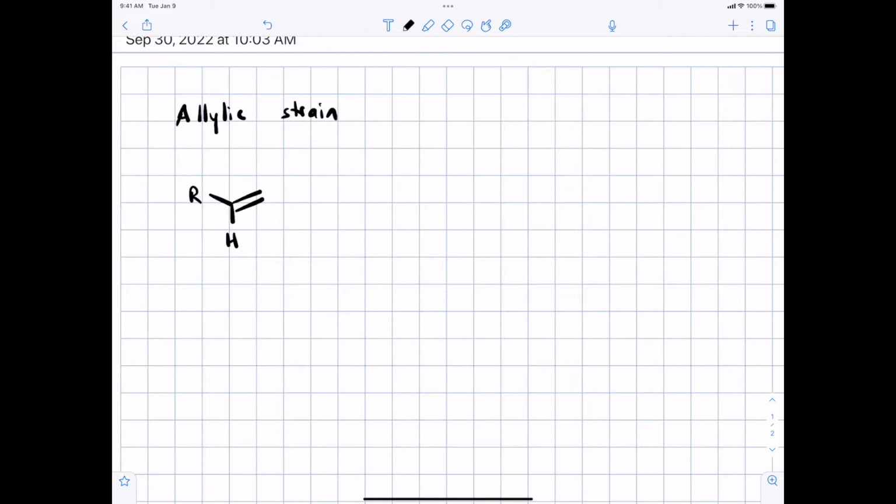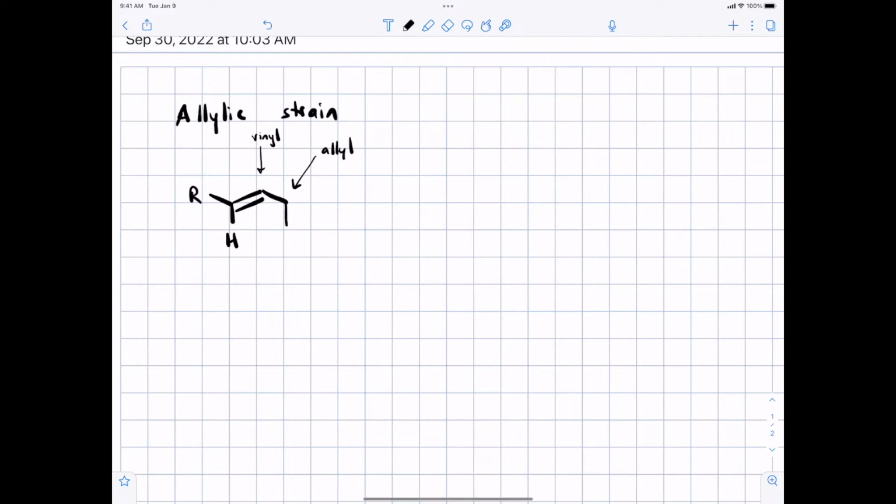So when you have a double bond, both of the carbons in that double bond are called vinyl carbons. And then the carbon adjacent to the vinyl carbon, adjacent to the double bond, is called the allyl carbon. And allylic strain involves the substituent on the allyl carbon.